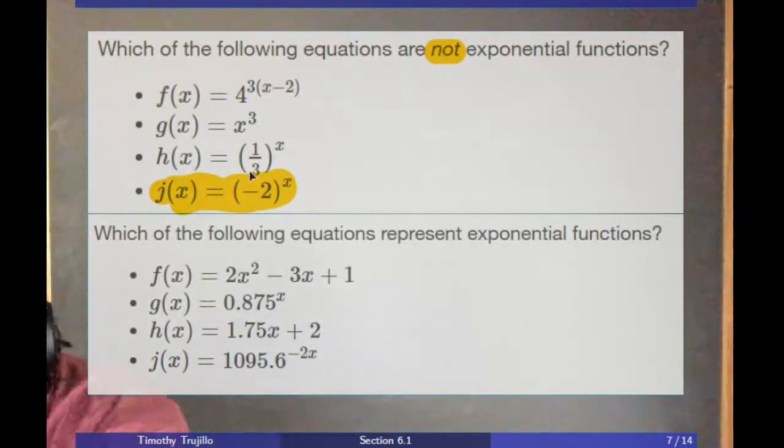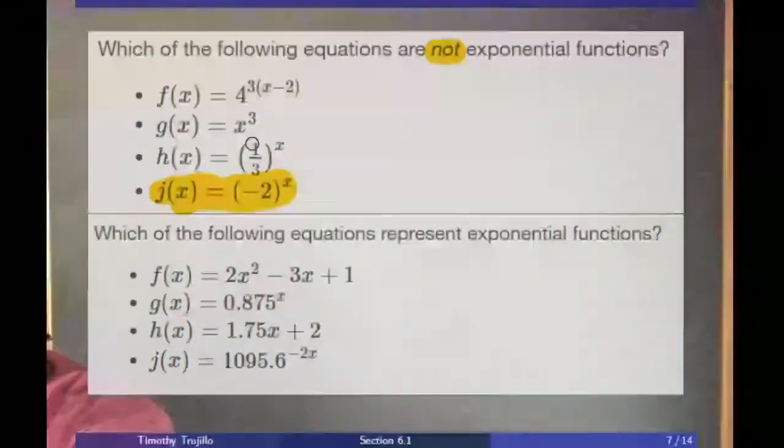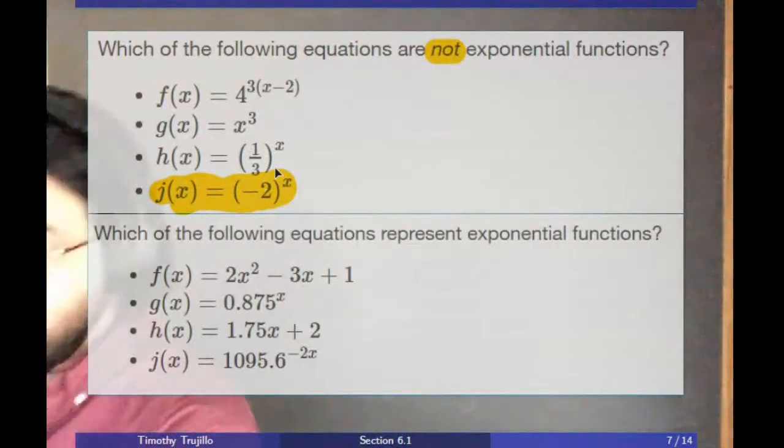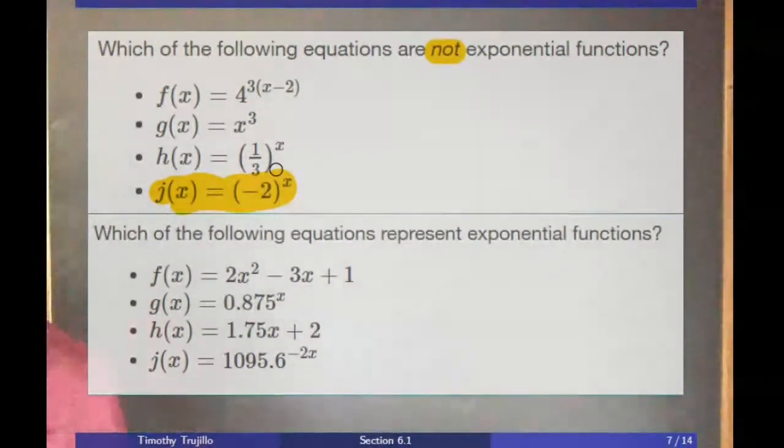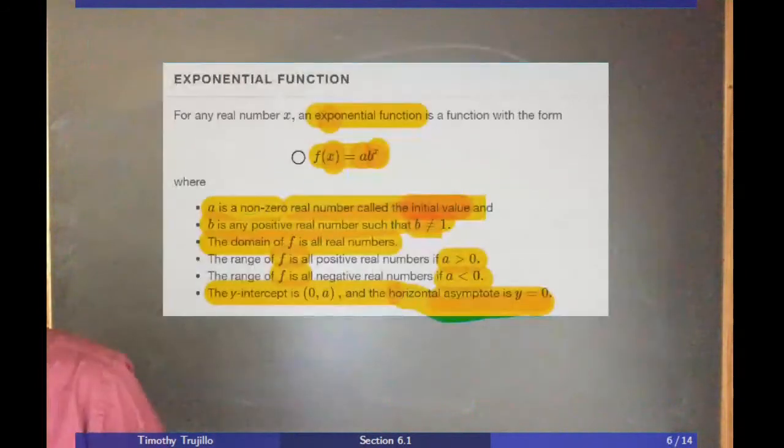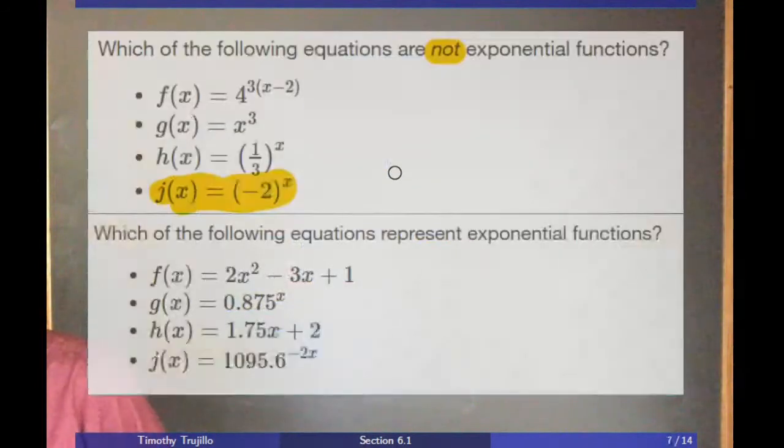However, h, on the other hand, is exponential. The base there is just 1/3, and that is positive, and it's raised to a power of x. Let me ask, the base is 1/3, but what is the value of a? What's that y-intercept at? Because remember here, the format for these guys is a times b to the x.